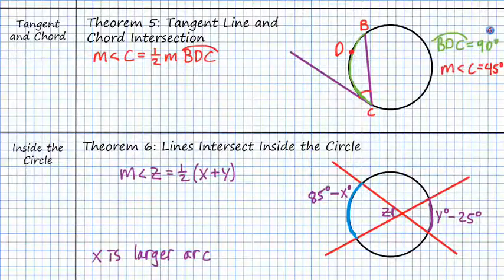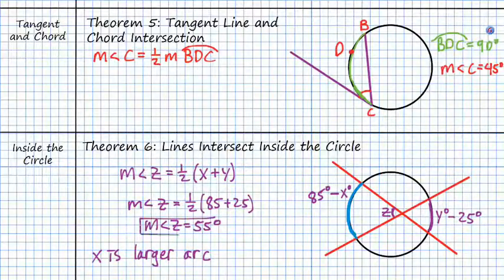I'm looking for the measure of angle Z, and it is 1/2, and X is the larger arc, so that's 85 plus 25. The measure of angle Z is 55 degrees.